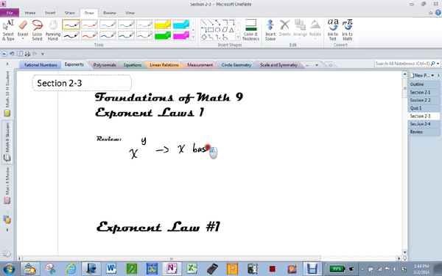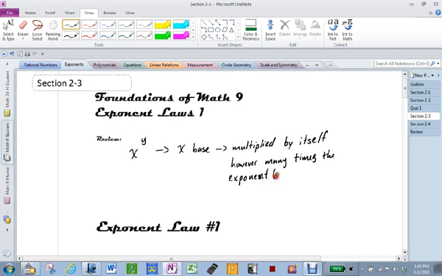X is the base, and the base is multiplied by itself however many times the exponent says. Now that is a mathematical definition. It is not using real-life examples.